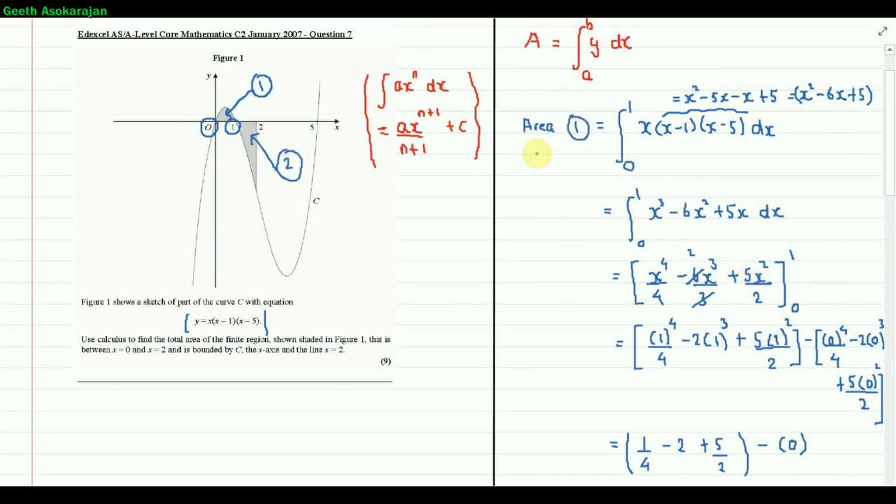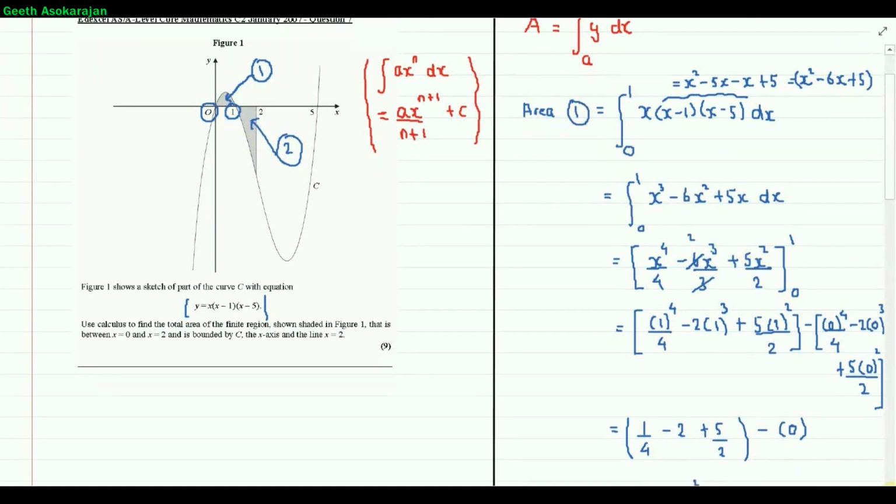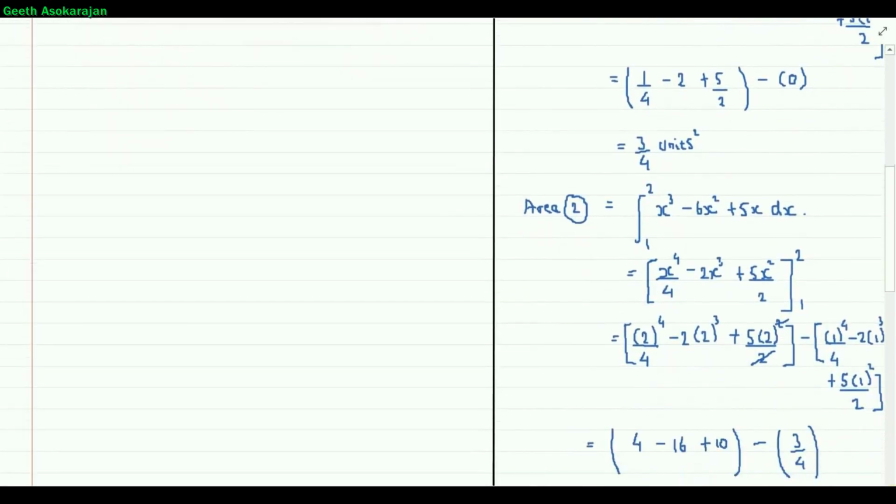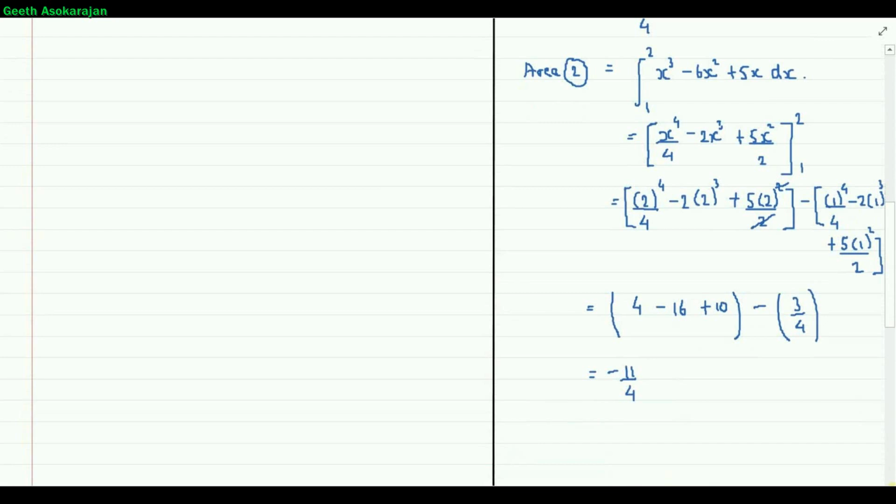However, area cannot be negative, so area has magnitude only. So we say in science that it's a scalar quantity. So let's discount that negative and just simply say 11 over 4 units squared. So that is the area of 2.